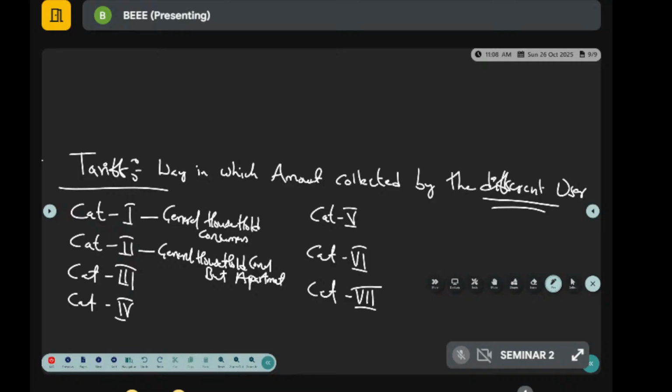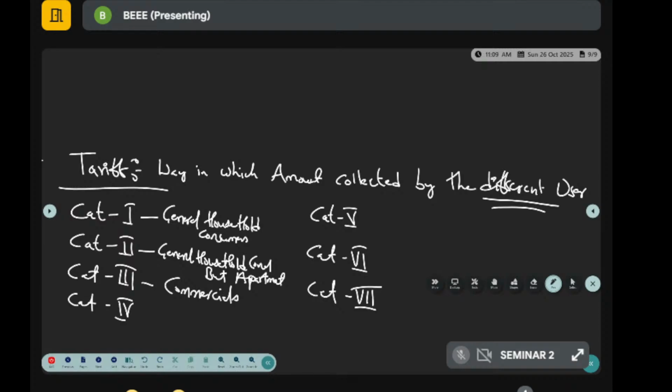Next one is commercial. Shops, shopping malls, general stores, any commercial user, they will charge another amount. Depending upon which category the user belongs to, they will charge category-wise.